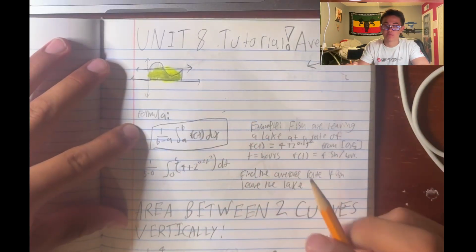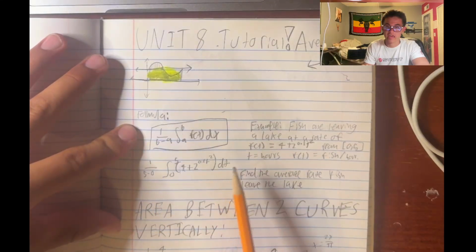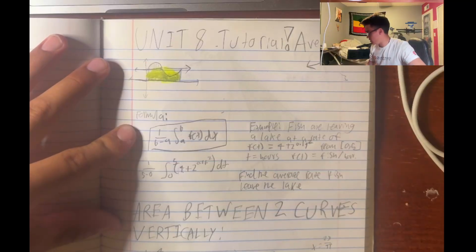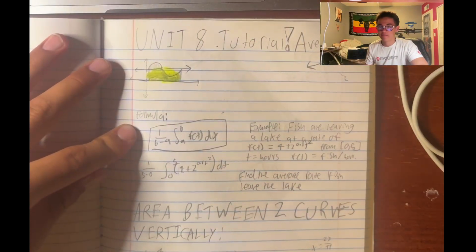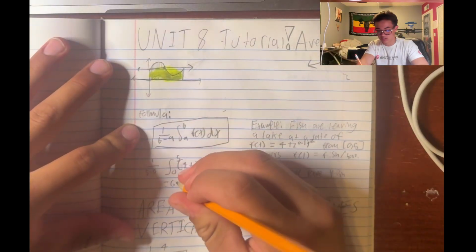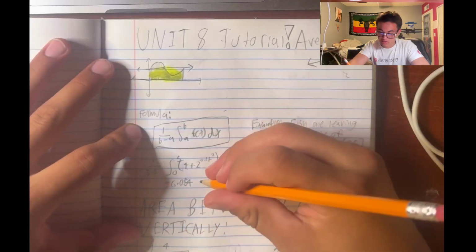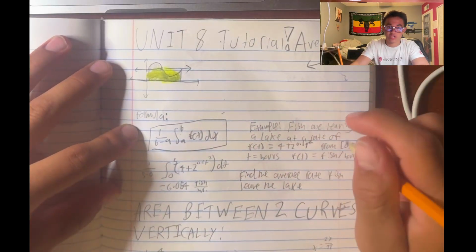The two most commonly forgotten parts are this little 1 over b minus a at the front, as well as the dt, dx, dy, whatever it is at the end. Once you got that in, you can just plug that into your calculator, and you should be getting 6.054, which is the average rate of fish per hour that leave the lake.